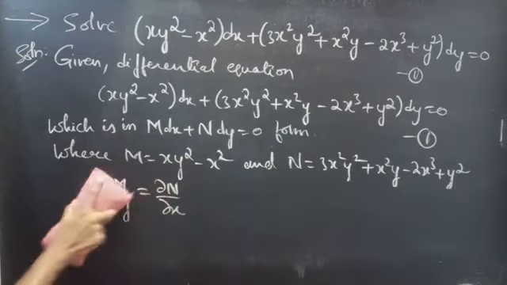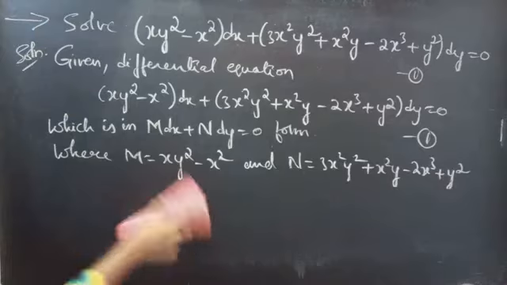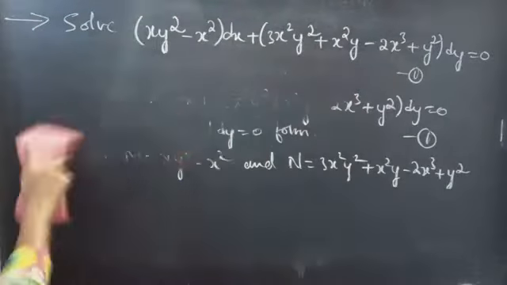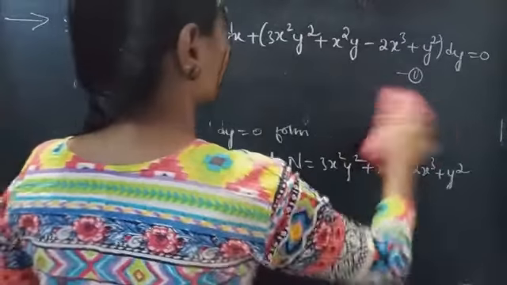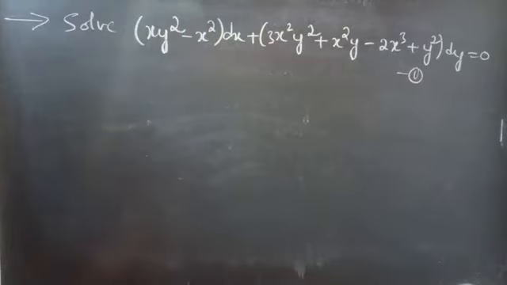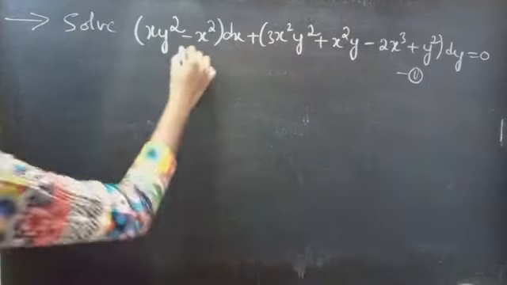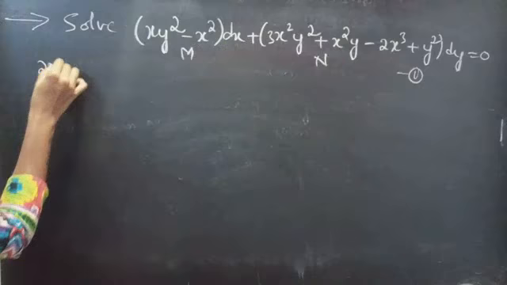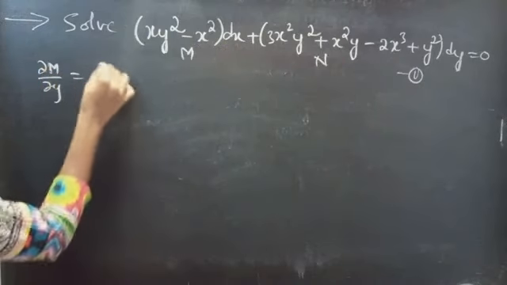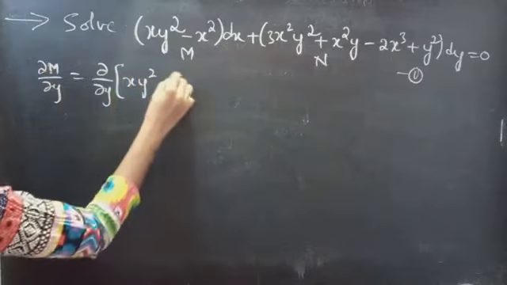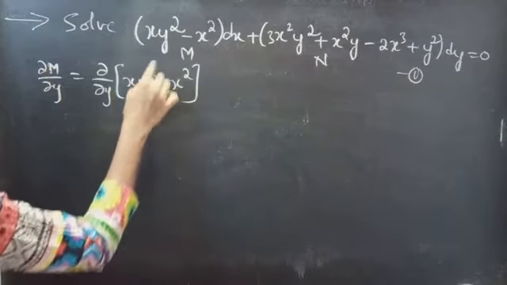So now let's find the partial derivatives of M and N. Firstly, the partial derivative of M with respect to y is ∂/∂y of (xy² − x²).